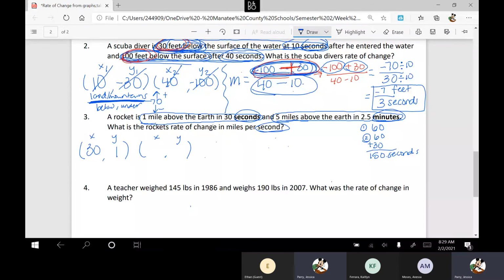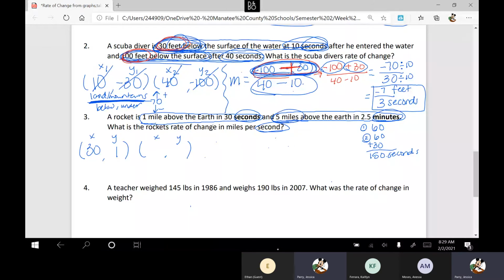Okay. So now we're going to use the 5 miles and 150 seconds. How can I write that second point with 5 miles, 150 seconds? Our time goes first. So which number is representing time, the 5 miles or 150 seconds?